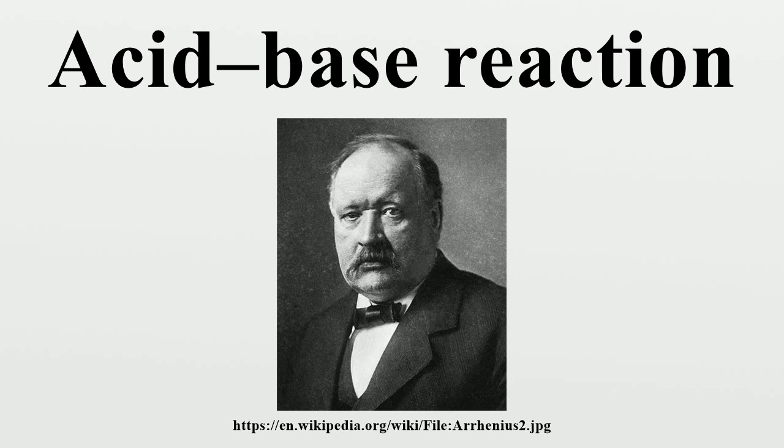Lewis' definition. The hydrogen requirement of Arrhenius and Bronsted-Lowry was removed by the Lewis definition of acid-base reactions, devised by Gilbert N. Lewis in 1923, in the same year as Bronsted-Lowry, but it was not elaborated by him until 1938. Instead of defining acid-base reactions in terms of protons or other bonded substances, the Lewis definition defines a base to be a compound that can donate an electron pair, and an acid to be a compound that can receive this electron pair.